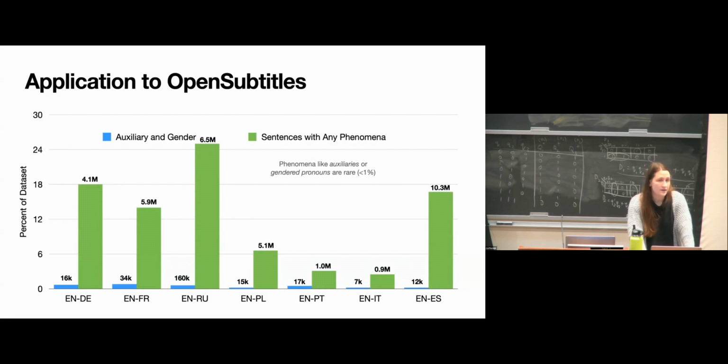But if you're looking at an evaluation set, 1% is not a lot. If you're taking the machine translation test set of the year from WMT, and you're assuming that 1% of those sentences actually are ambiguous, then that test set is not really robustly testing any system for the translation of gender or the translation of auxiliaries. So this is reiterating the need for evaluation sets that densely represent these.